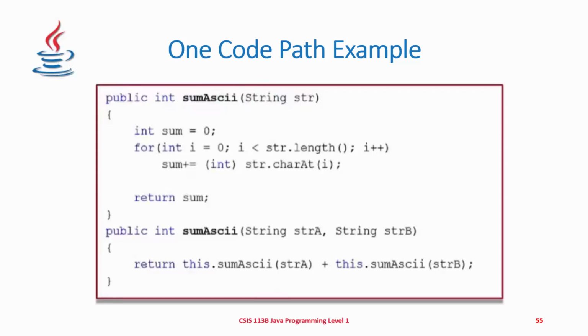So this is the example of that one code path. We're simply overloading a method with the same name that has a different number of parameters being passed into it. In the second example, it's calling the first method, which does all the work.